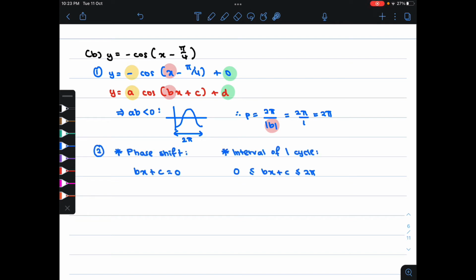For the phase shift, it's going to be x minus pi over 4 equal to 0. And hence x is pi over 4. So we can see that x is positive. That means we're going to shift our graph to the right. And we're going to solve the interval of one cycle.